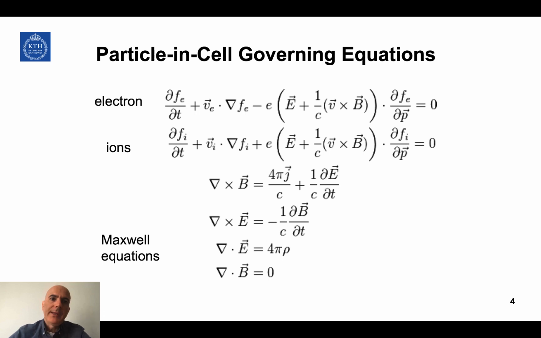So the particle in cell solves the distribution function equation, called the Vlasov equation. It is called the Vlasov equation because here on the right side we have 0. That means that we don't have collisions. If we're using the Vlasov equation, we assume that there are no collisions in the system, or that the collision timescale is much larger than all the timescales present in the system, right?